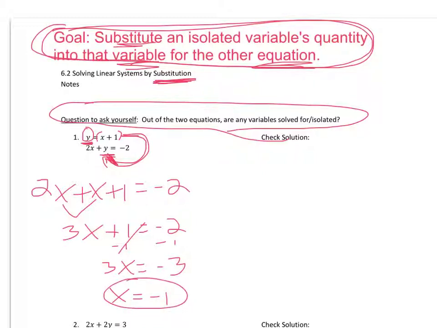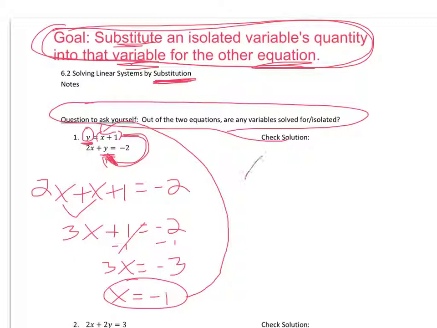Well, now we're not just done, because just like when we solved by graphing, you have to find the point of intersection. So you have to find the x value at that point of intersection and the y. To get the y value, you're going to substitute again. I'm going to take this x equals negative 1, and I'm going to plug it into this first equation. I could plug it into either equation, but it's much easier to plug it into the first one because y is solved for.